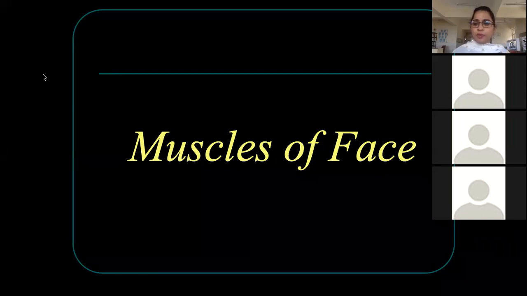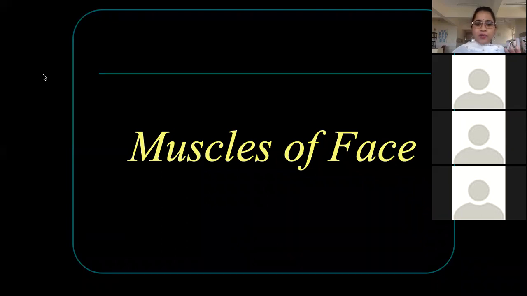If required, you please draw the muscles whichever I'm showing, and you have to repeat those names. There are 10 names which you have to remember and write. Okay? So I want all of you to concentrate, listen to the class, and if you have any questions, stop me in between, and please note down.